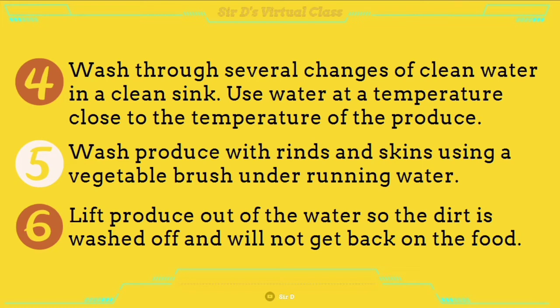Number 5, wash produce with rinds and skins using a vegetable brush under running water, especially those that are tubers or bulbs. Number 6, lift produce out of the water so the dirt is washed off and will not get back on the food. Take note of that very well.